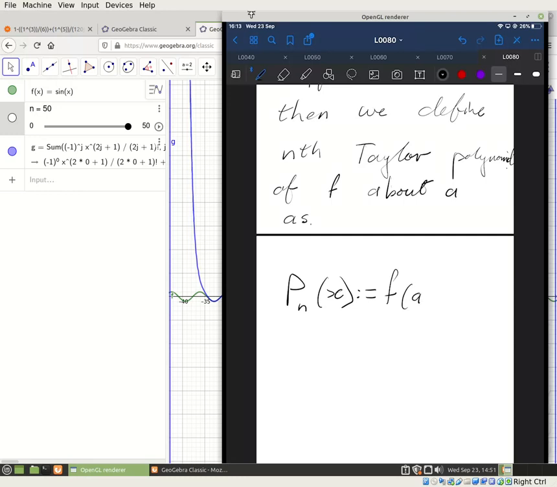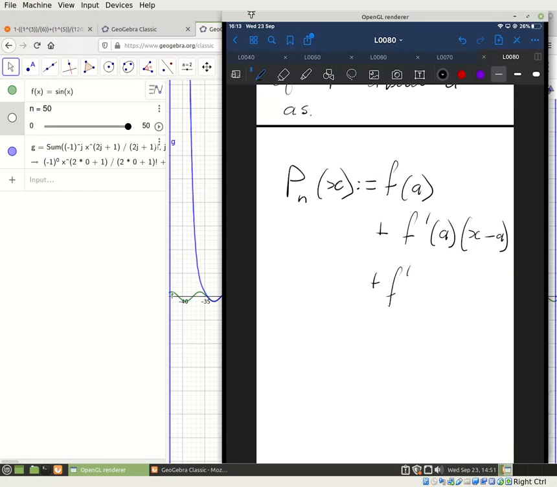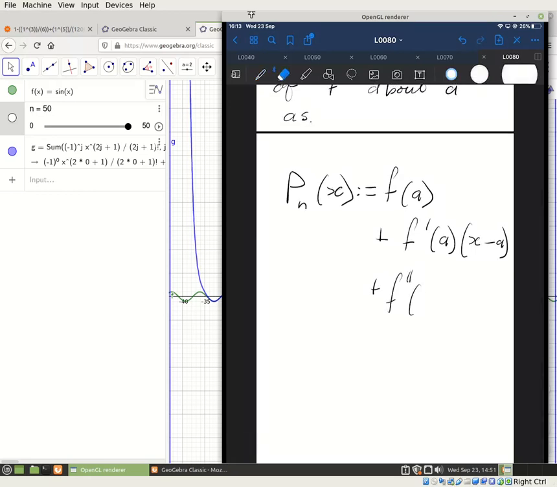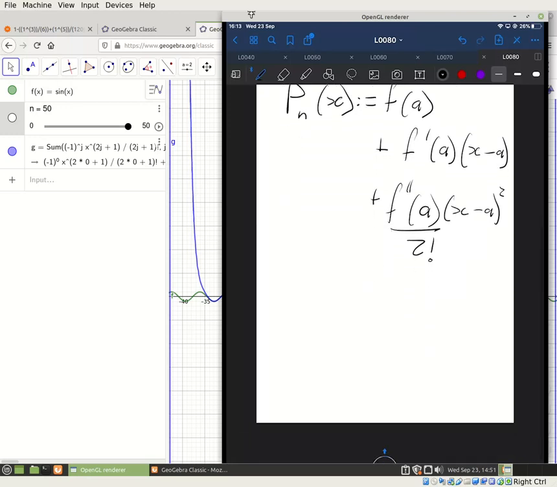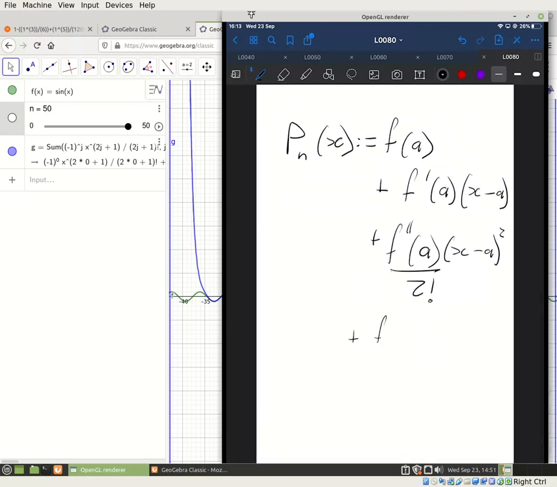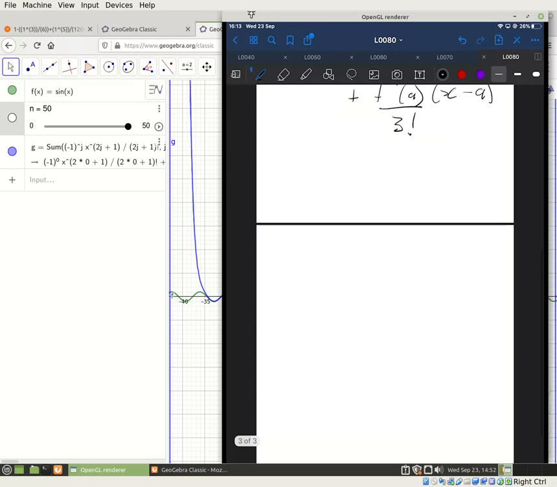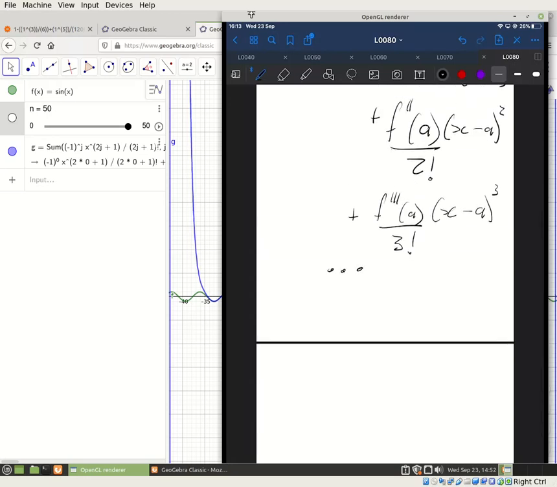So it is f of A plus the derivative of f at A, x minus A, plus the second derivative of f at A, x minus A squared over 2 factorial, plus the third derivative of f at A, x minus A cubed over 3 factorial, etc. And we continue up to the nth derivative.